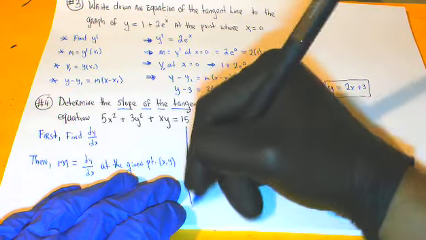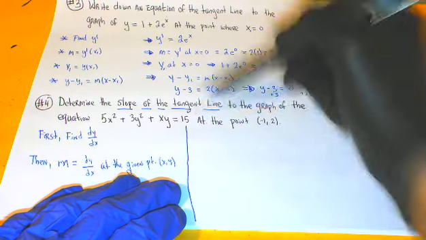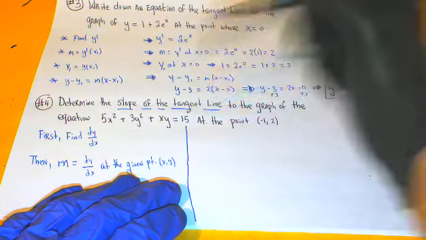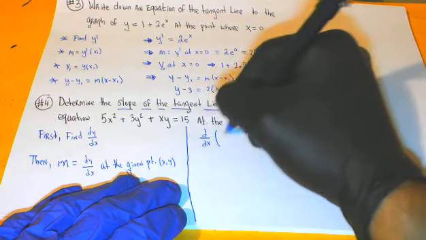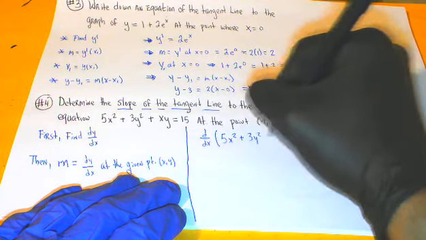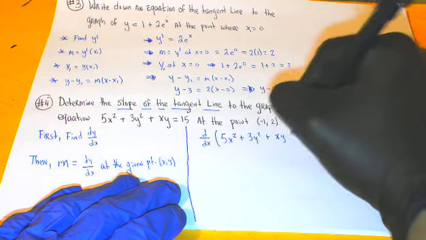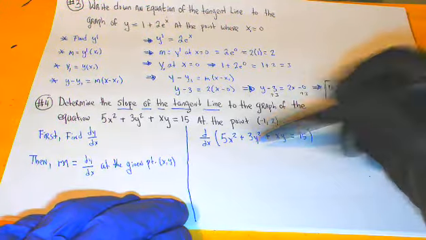So if you want to find dy/dx, you know that for this equation, when you apply implicit differentiation, the first step is to take the derivative with respect to x. So, let's begin.